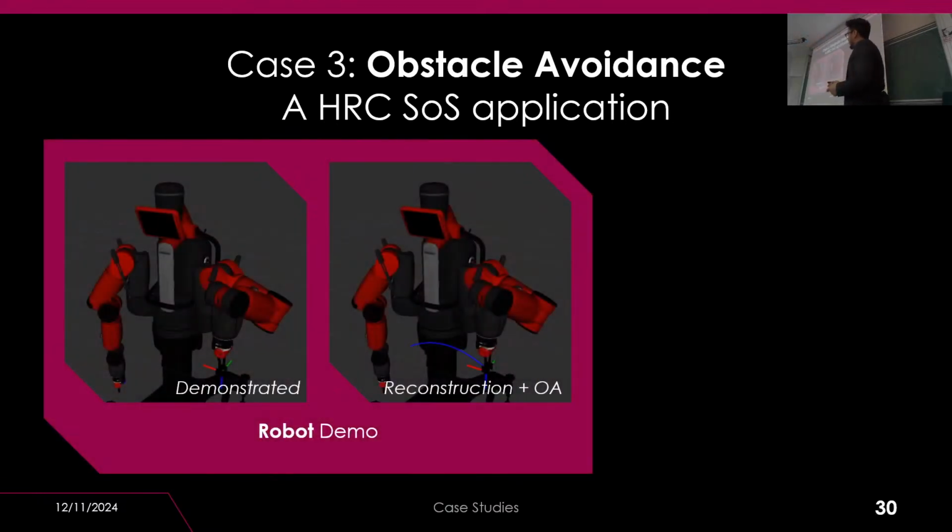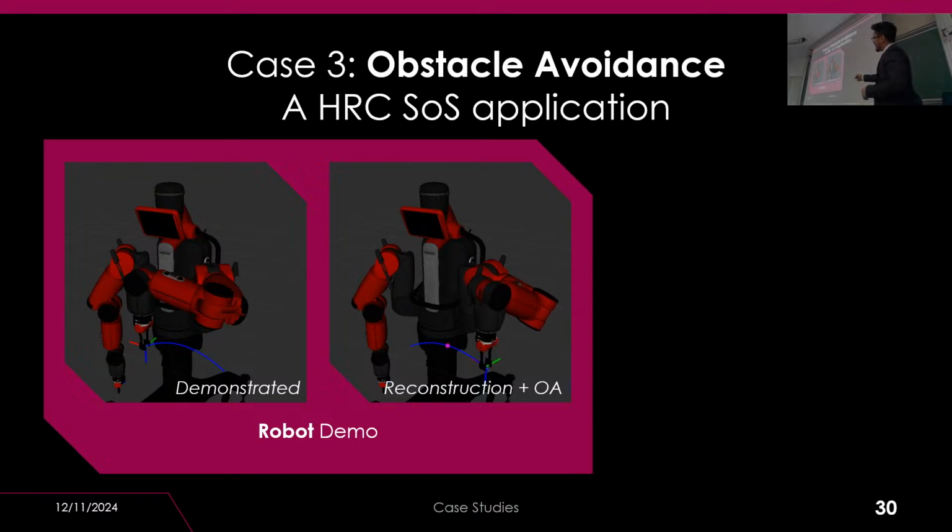So, as to demonstrate it, the robot manages to not only reconstruct a given primitive very efficiently, but by considering a given obstacle, the robot manages to steer away from it and at the same time try its best to keep and reconstruct the dynamics as best as it can whilst steering away from the obstacle.